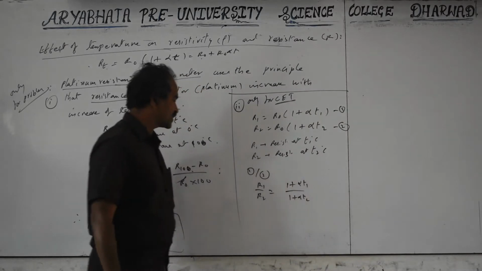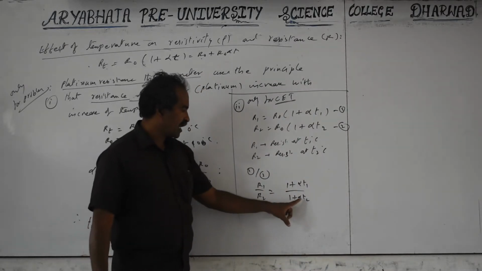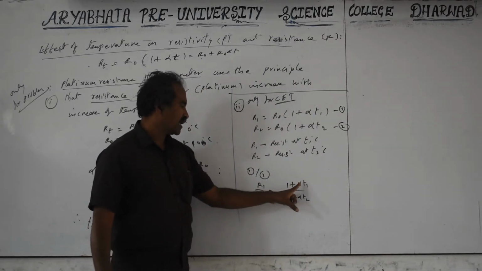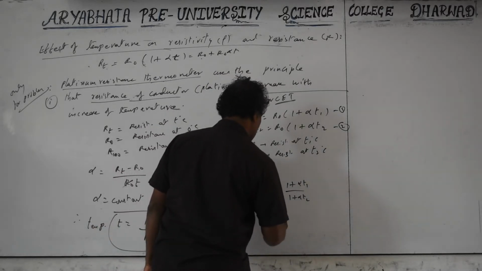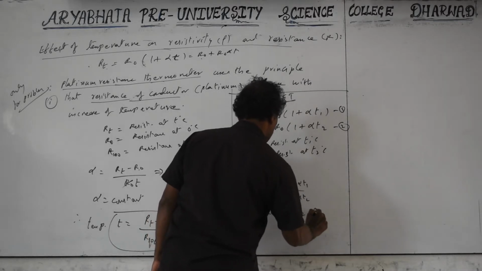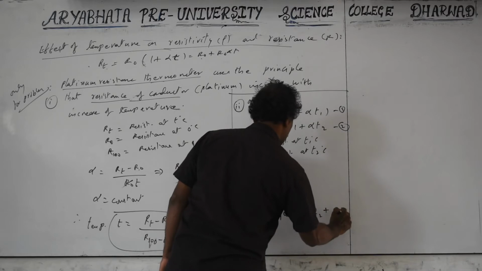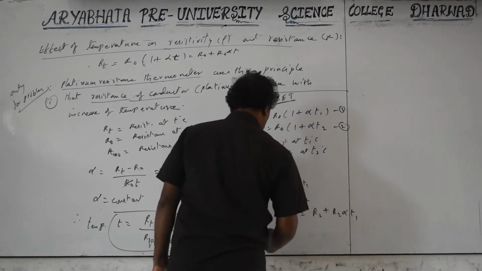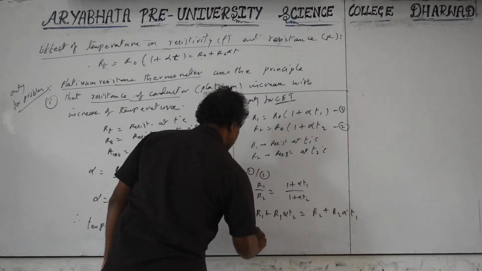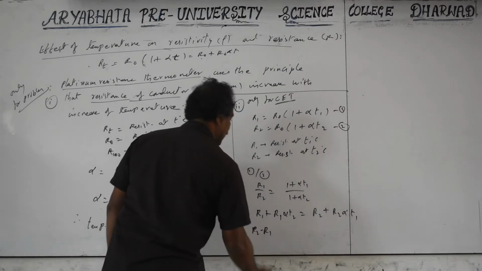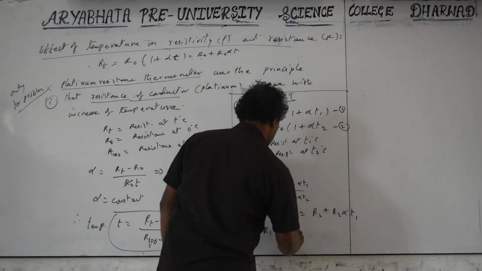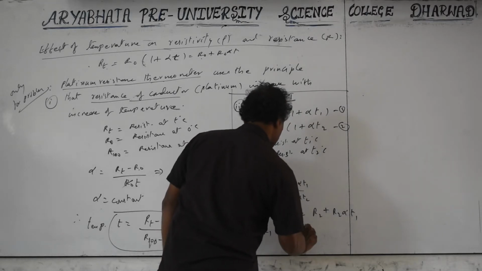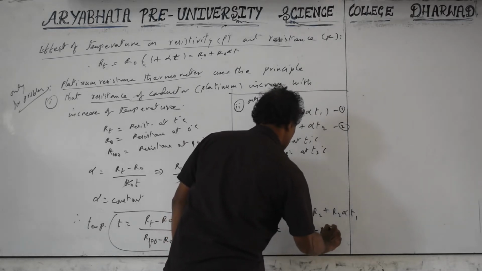Cross multiplying, you get R1 plus R1 alpha T2 equals R2 plus R2 alpha T1. Taking R2 minus R1, not compulsory, we can take R1 minus R2 also, R2 minus R1 equals R1 alpha T2 minus R2 alpha T1.